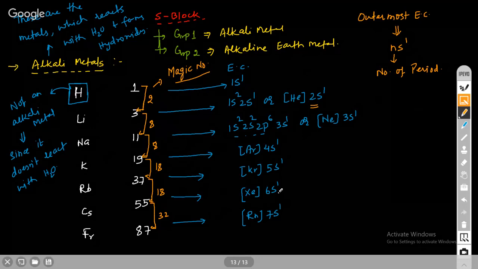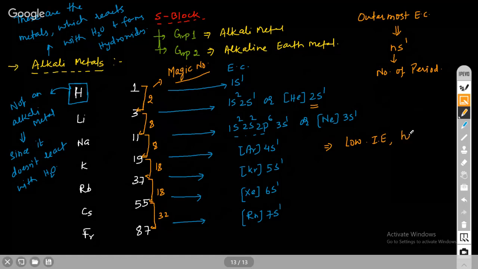One more point you write down here. These elements have very low ionization energy.